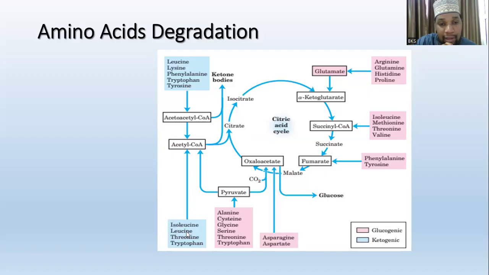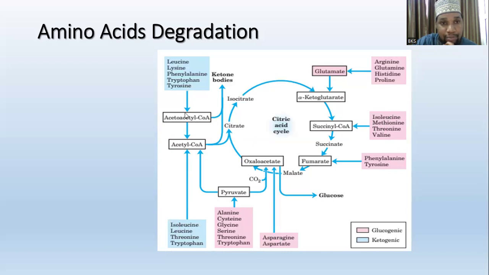Here we have isoleucine producing acetyl-CoA and also forming succinyl-CoA. And we also have leucine forming acetyl-CoA.